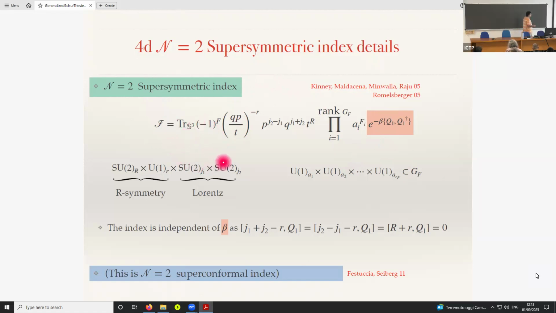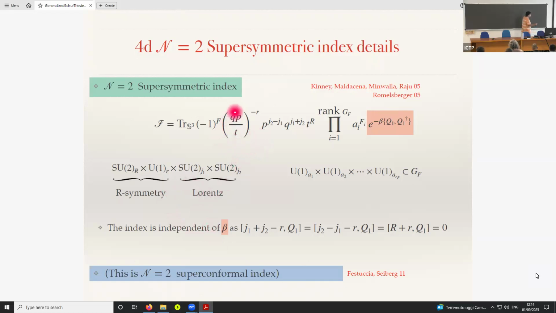This is the most general supersymmetric index that we can write for N=2 theories. Again, it's a very old story by now. Importantly, N=2 theories have SU(2)_R times U(1)_R R-symmetry, at least if the theory is conformal. And we have SU(2) times SU(2) space-time isometry, for which we can turn on various parameters.